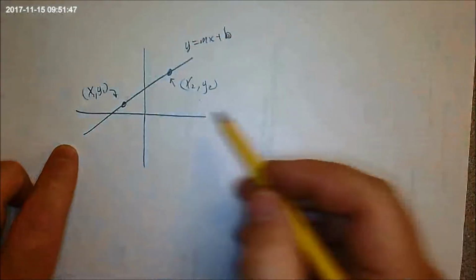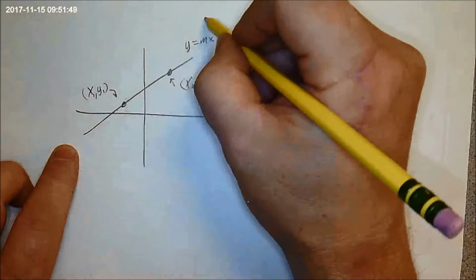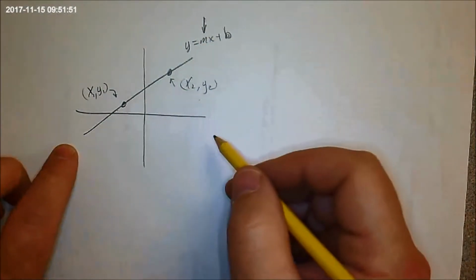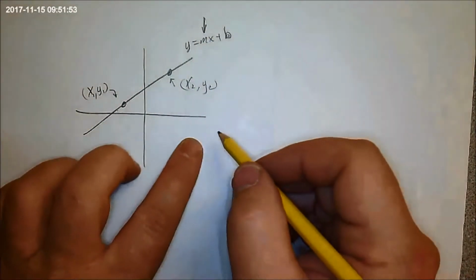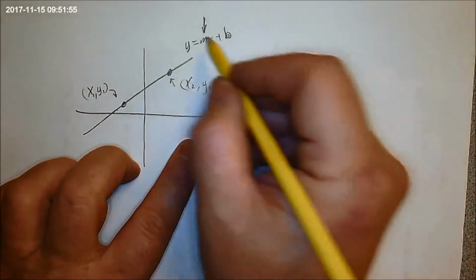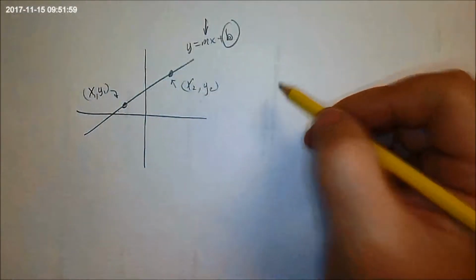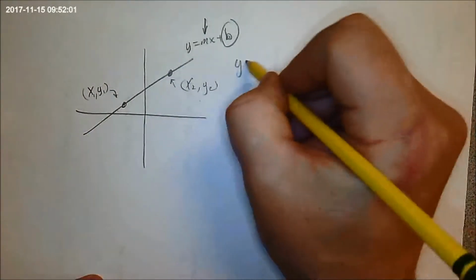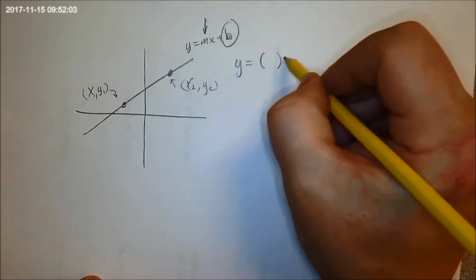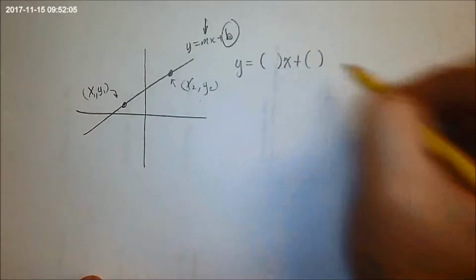And so in order to find the equation of that line, you first found the slope from the 2 points, right? And then you picked one of those points, and along with the slope, you plugged it in and you found out what b was.